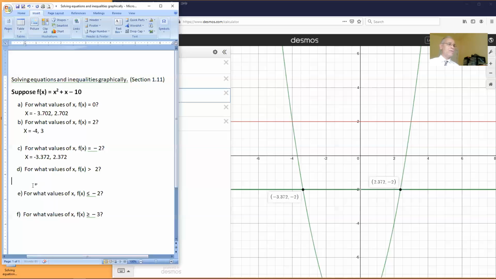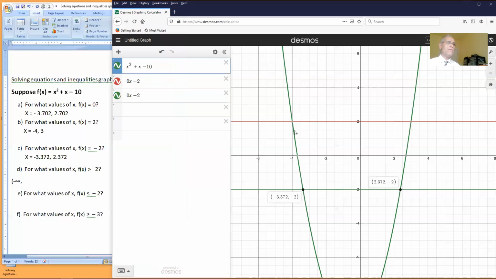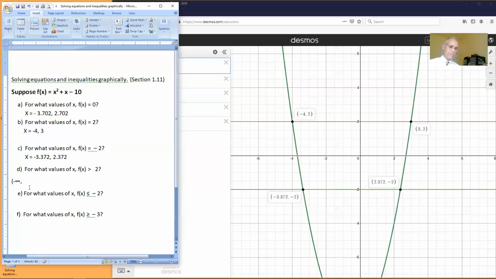Okay, so all the way to the left, that'll give me negative infinity, all the way to this point right here, which is negative 4. So from negative infinity to negative 4.